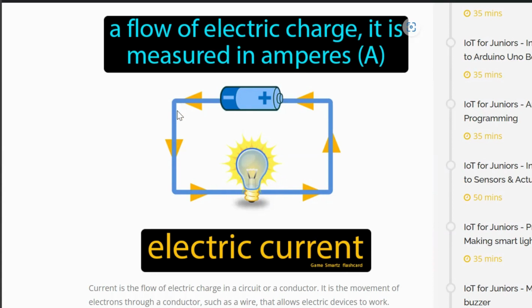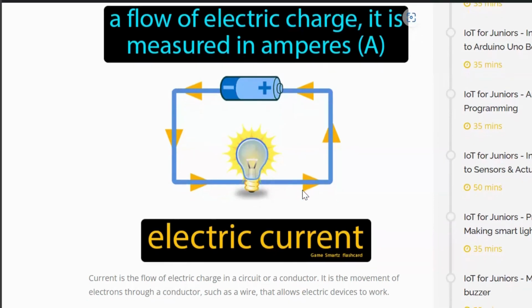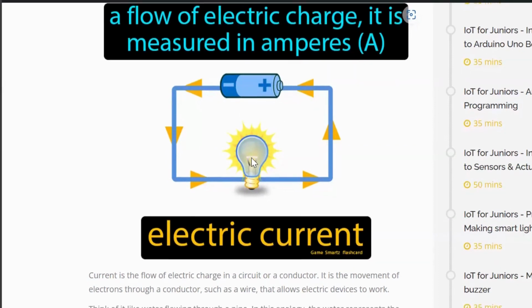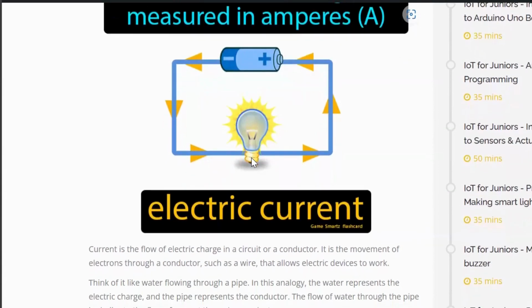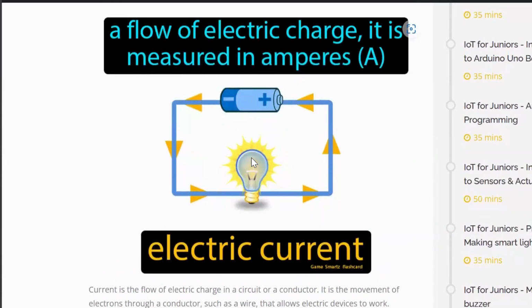The electrons flow from the source to the load like this, and these electrons or charges are the means of transferring the energy from this battery to this bulb. So now you understood what is electric current.